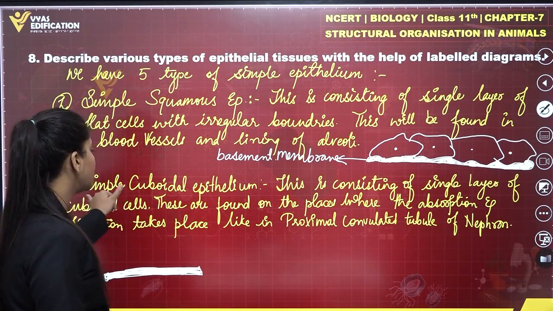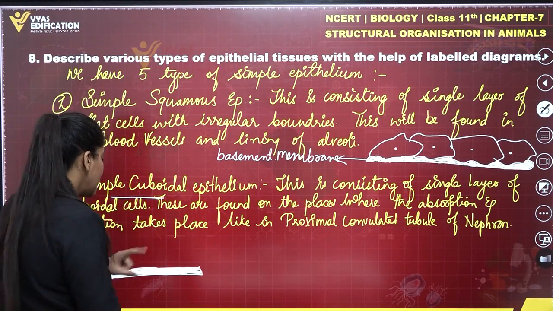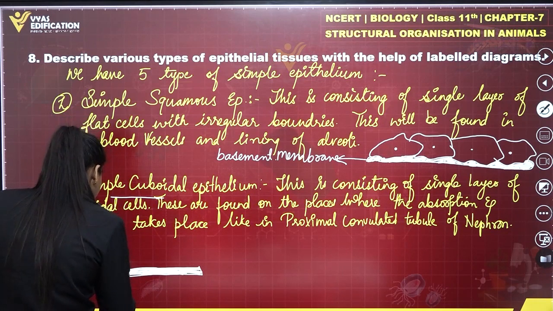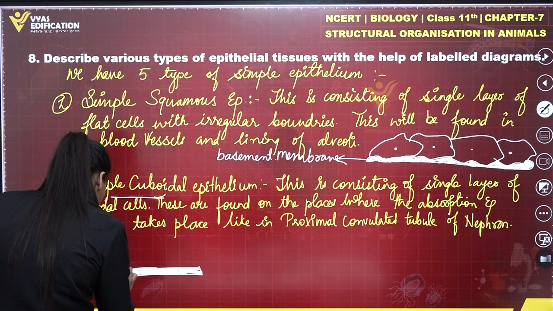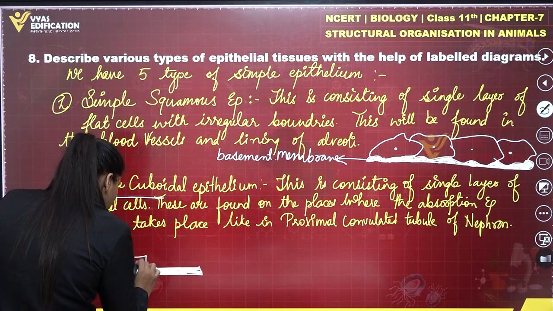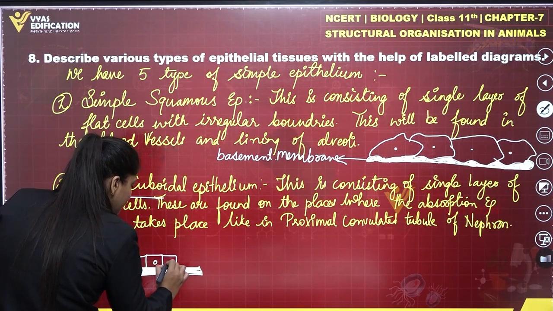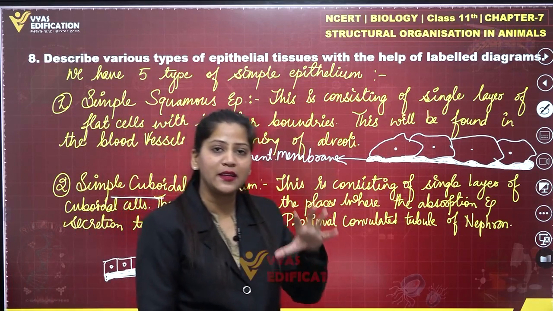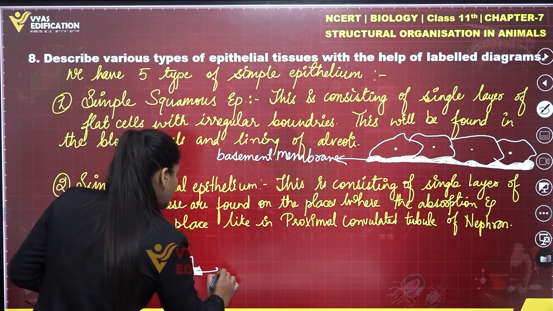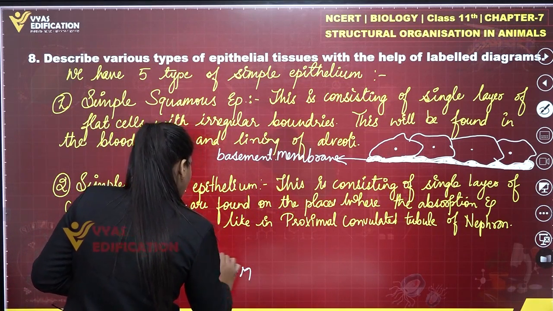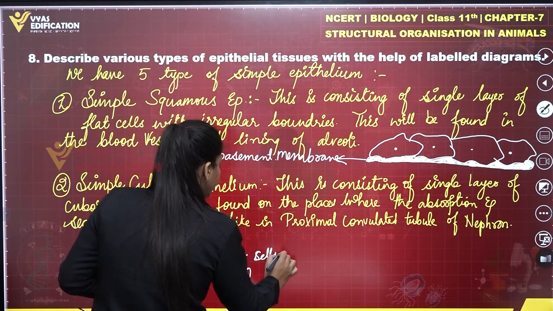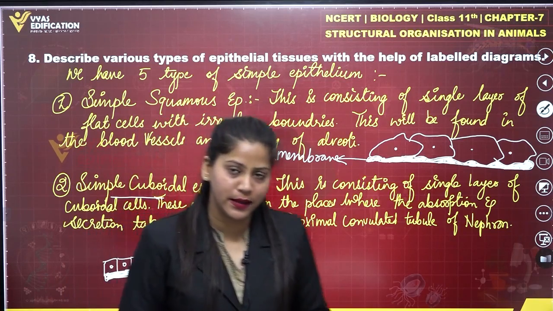As we are talking about the simple cuboidal epithelium, the single layer of cells are cuboidal. So these are the cuboidal cells arranged in a single layer and attached on the basement membrane. This is your basement membrane and these are the cuboidal cells of simple cuboidal epithelium.